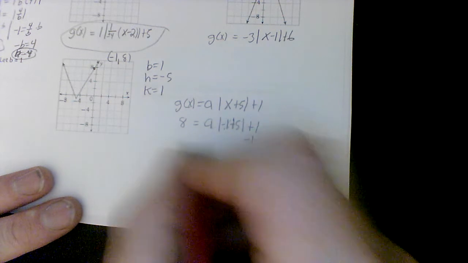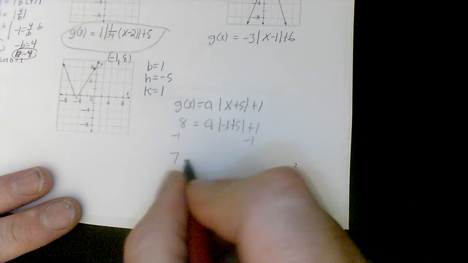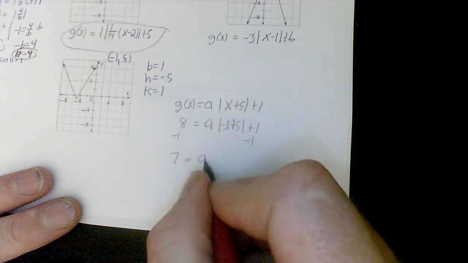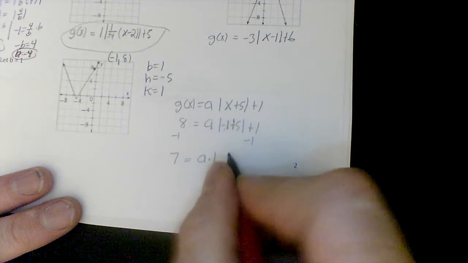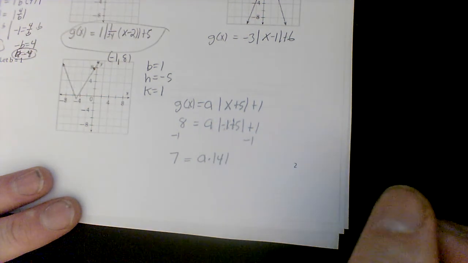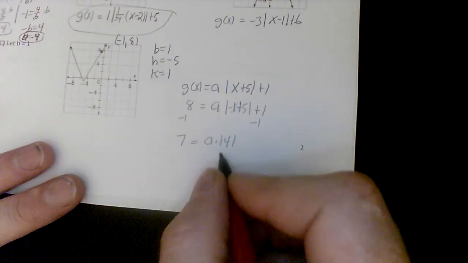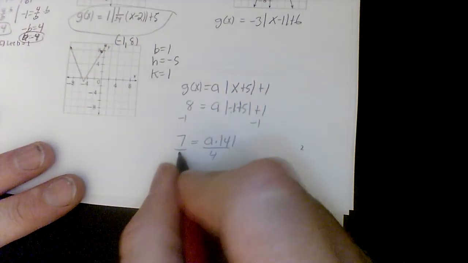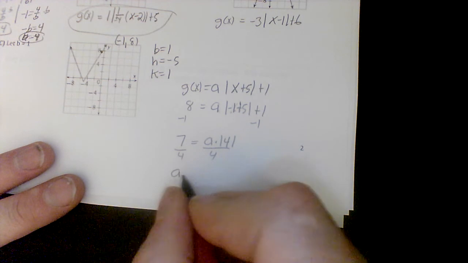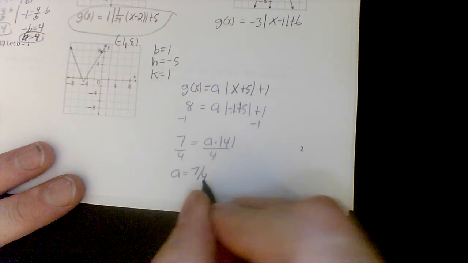So let's plug that x in as a negative 1 there. Alright, so we subtract 1 from both sides, minus 1. I get 7 equals a times the absolute value of 4. Yep, that looks good to me. And then I'm going to go ahead and divide both sides by 4. And we get a equals 7/4.